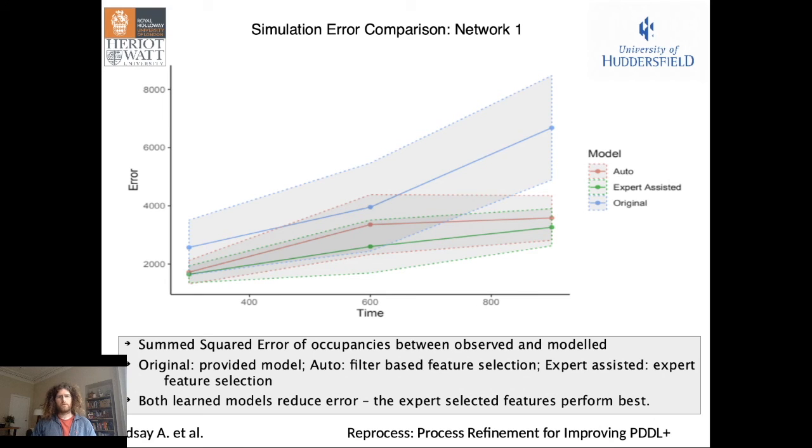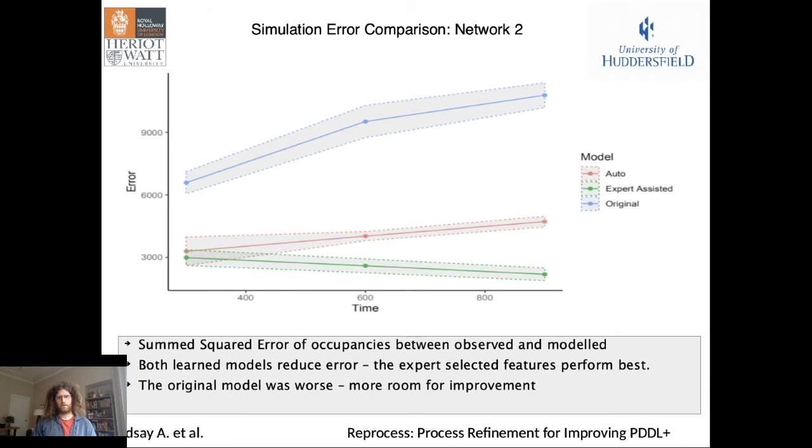In terms of simulation error, we simulated plans using a traffic simulator, and then we simulated the same plans in each of the models, and in the original model we get higher error, and the expert assisted performs best, with the least error, and that's the same in the second network we tested. With the blue's the original model, and green's the expert assisted.